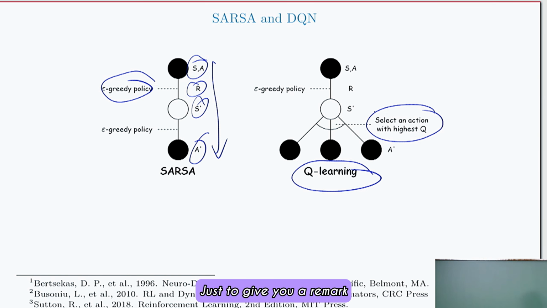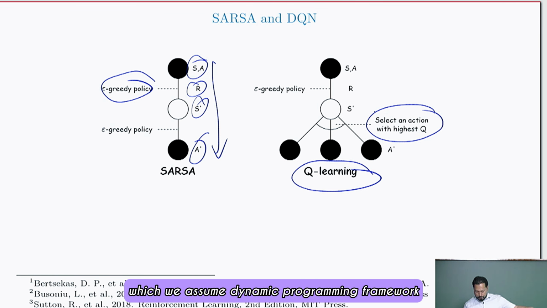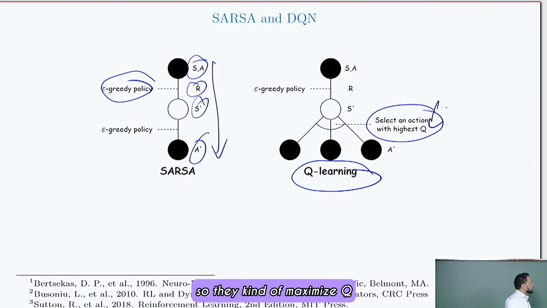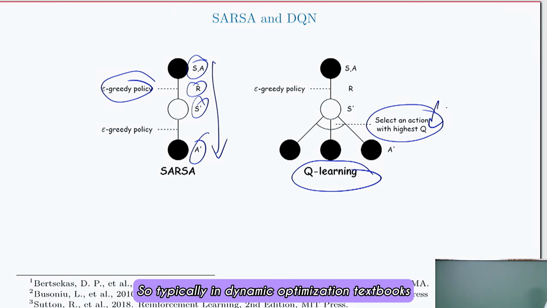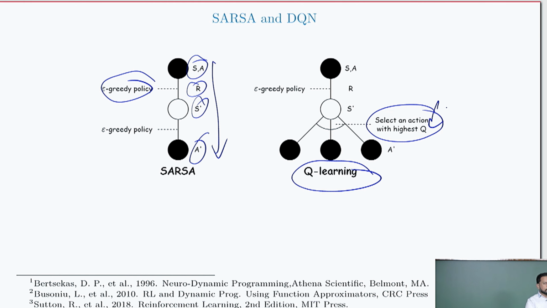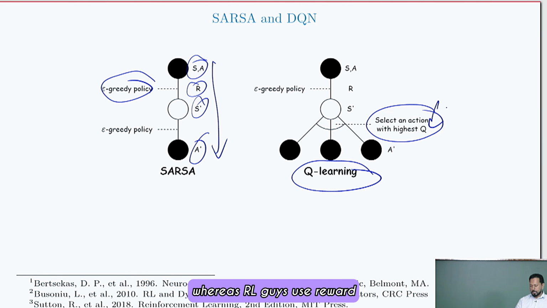Just to give you a remark: in our notation, which assumes the dynamic programming framework, we minimize Q, whereas in RL literature they work with reward, so they maximize Q. Typically dynamic optimization textbooks use cost, where minimizing is better, whereas RL textbooks use reward, where maximizing is better.